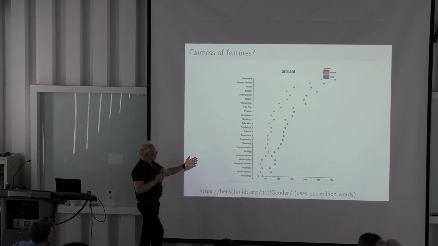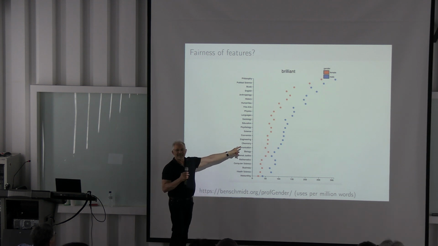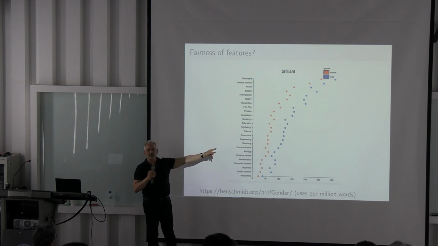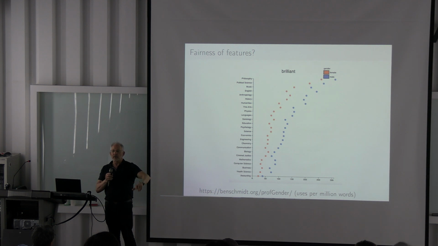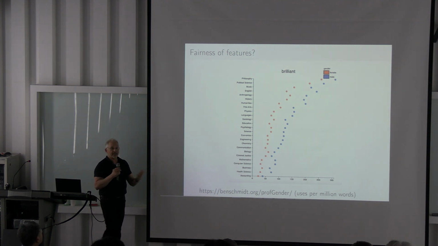But then they did this study and found out that whether they say brilliant or not depends on whether you're a man or a woman. So it's very difficult to say which features you should take into account. We were talking before about having a predictor and a true answer, and when the predictor is fair. But now I'm trying to see what the predictor is basing its decision on. Which features have what effect?